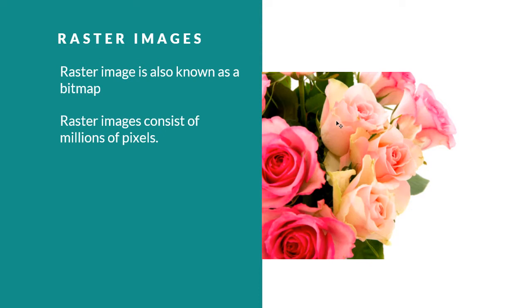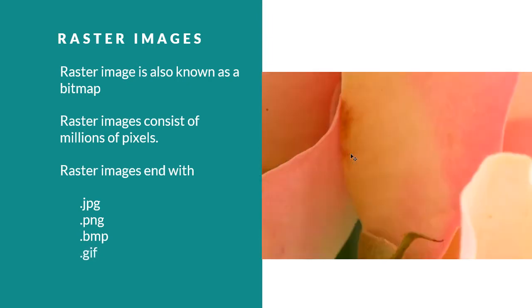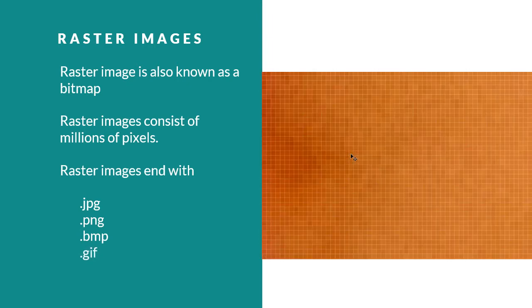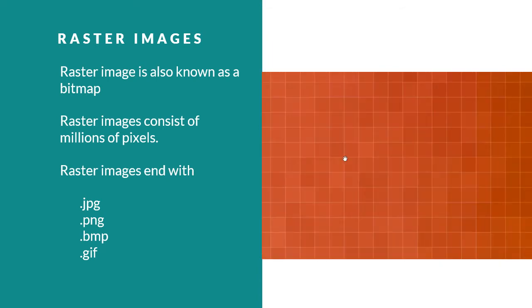Okay? So raster or bitmap images usually end with JPEG or JPG, PNG, BMP or bitmap, or GIF. So .jpg, .png, .bmp, and .gif are actually the file extensions of a raster image.